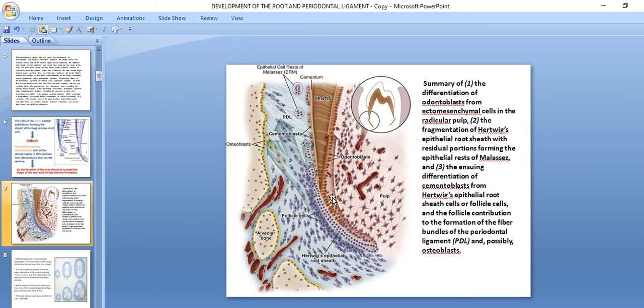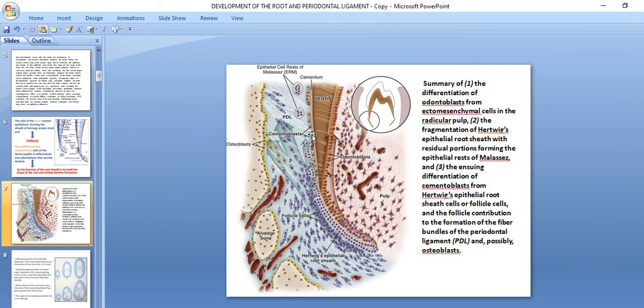Following the onset of dentinogenesis in the root, the epithelial cells of the root sheath lose their continuity, becoming separated from the surface of the developing root dentin here, and the mesenchymal cells of the dental follicle adjacent to the root, these cells near root dentin, now differentiate into cementoblasts.